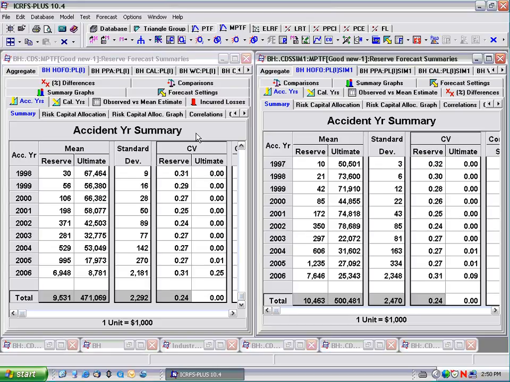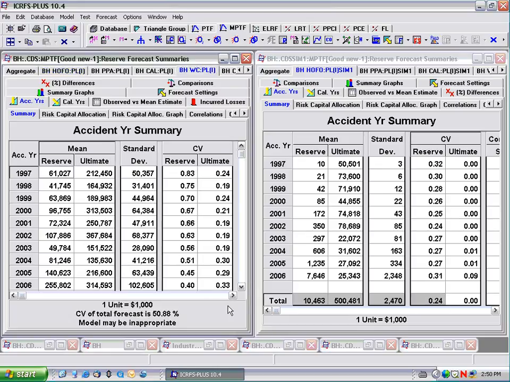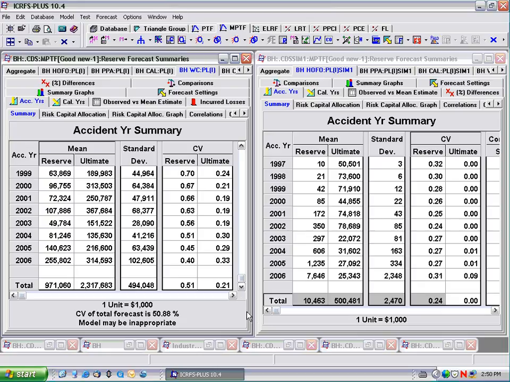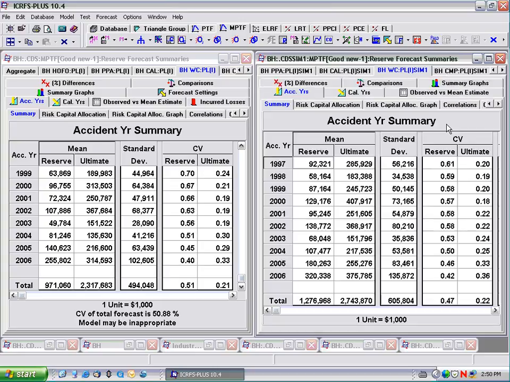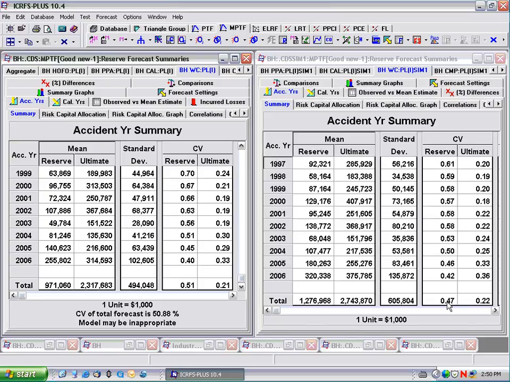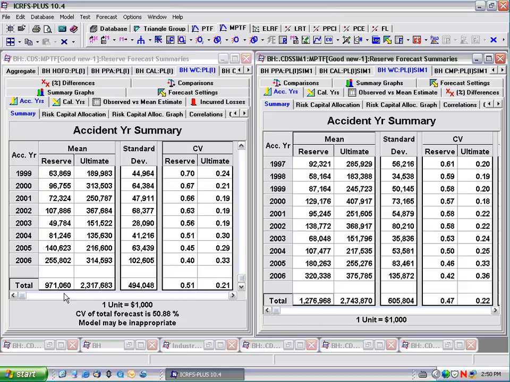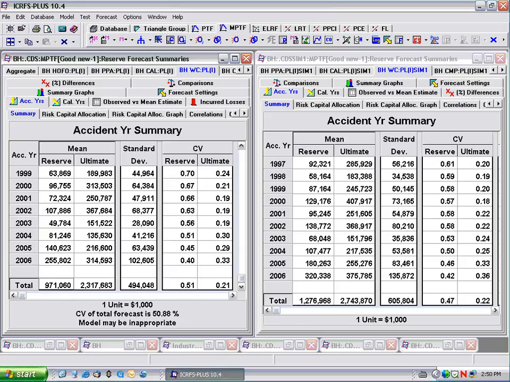If we go, say, to workers' comp, that had a reasonably high coefficient of variation, maybe there we might, if we're unlucky, find some major differences. And we do, you can see that. 47% coefficient of variation, 51%, 1.27 billion versus 971 billion. But that's quite okay because you've got a lot of process variability in that line of business.